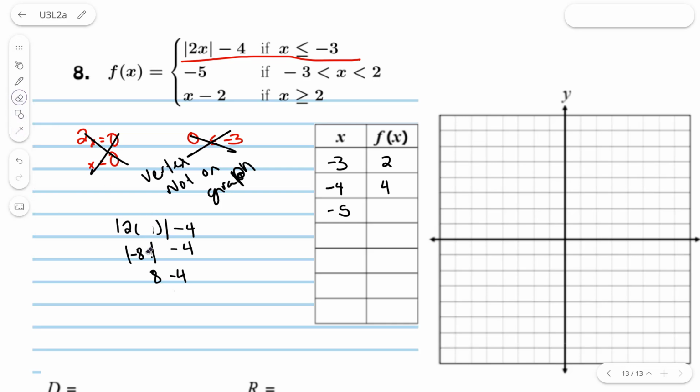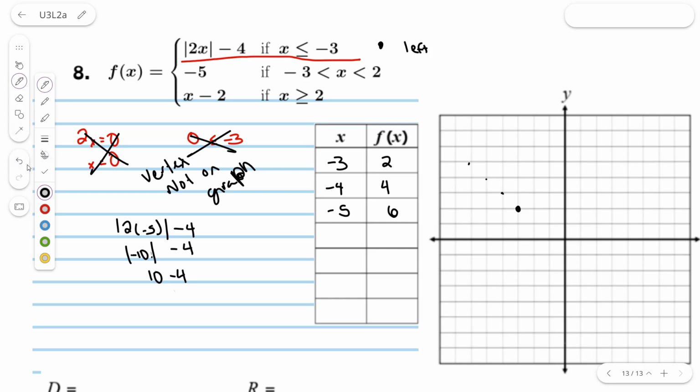When I plug in a -5, I get a -10. The absolute value of that is 10. Minus 4 is 6. So I'm going to come back here to -3. I'm going to go up to 2. This is a closed dot as I'm going to the left. And I'm going to fill those numbers in.